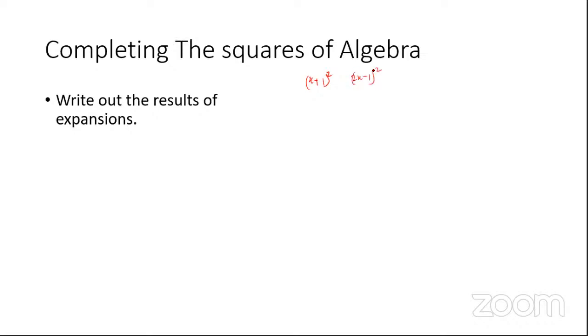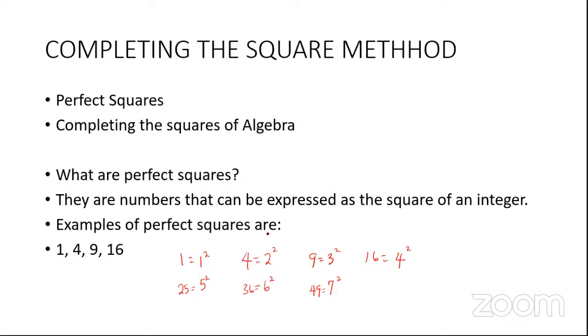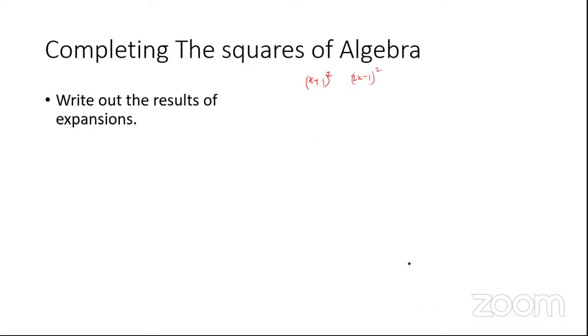By the time you expand this, your result must be a perfect square, just like we had in this case too. 2 squared gave us a perfect square. 3 squared gave us a perfect square. So by the time I pick 2x plus 1 squared, it must also give me a perfect square. x plus 9 squared must also give me a perfect square. So that is what we are trying to say.